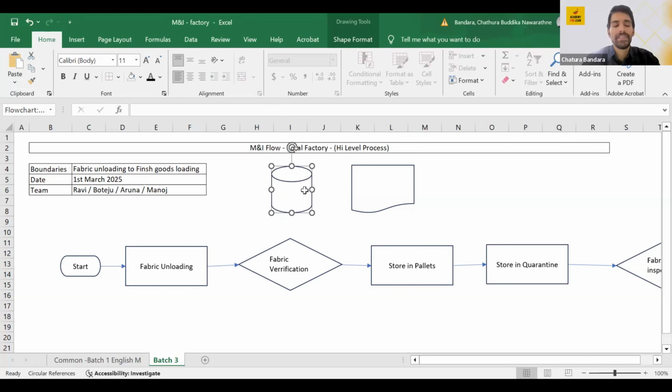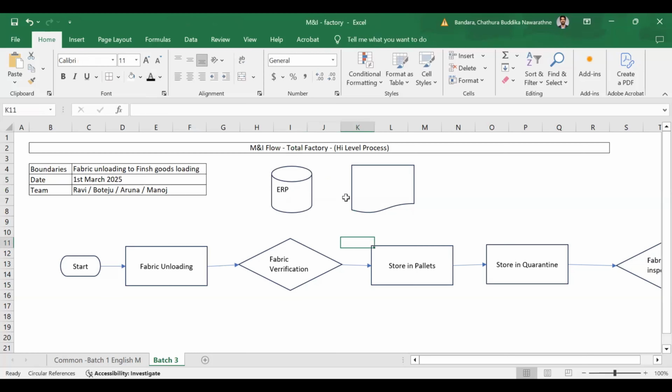What is it? This is where we are entering all the data into the system. ERP report. Okay. Shall I say ERP? Your ERP may be different from others. It can be SAP or any other. I'll mention ERP. Yeah, we also use an ERP.